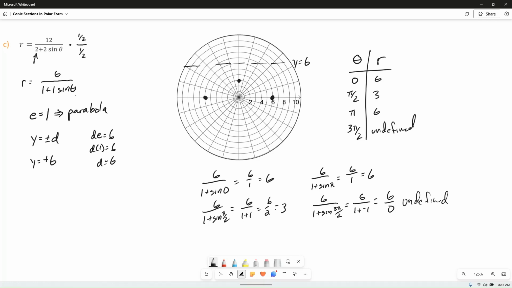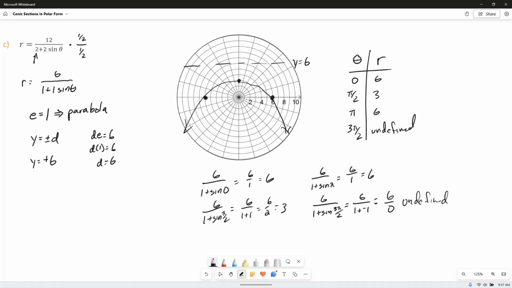It's undefined, right? Because again, the graph is not going to curve around and intersect the negative y-axis. So our graph only has 3 points, at least of the ones that we've plotted or determined. So the graph has to extend outwards and down.